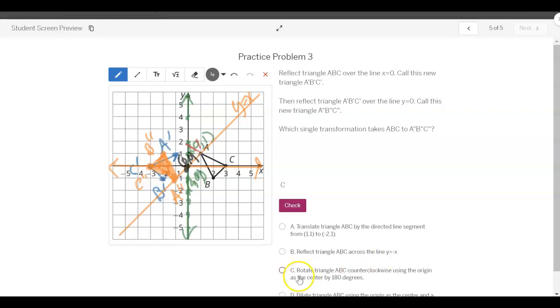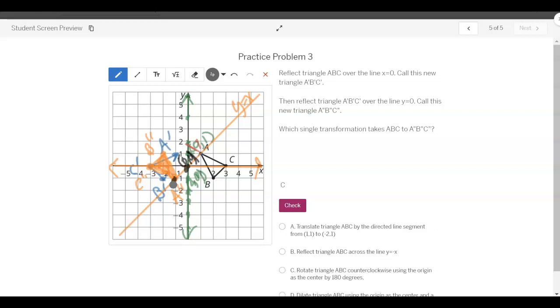Now, if you're not sure how to rotate something around the origin, one thing you can do, well, we drew this line y equals x. So I can see that if I rotate A 180 degrees, it is going to land on A double prime right here, because I already have that line there. So I can kind of see that.